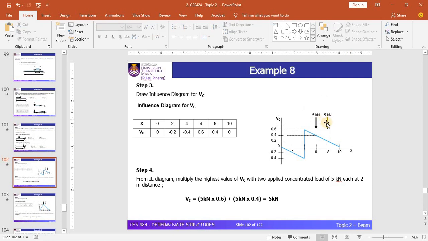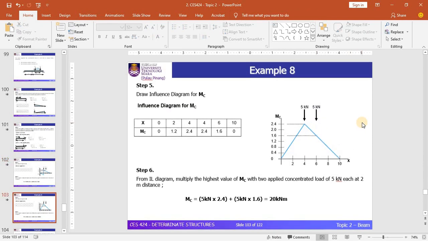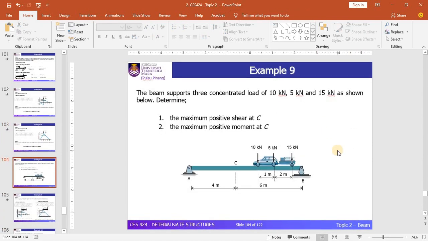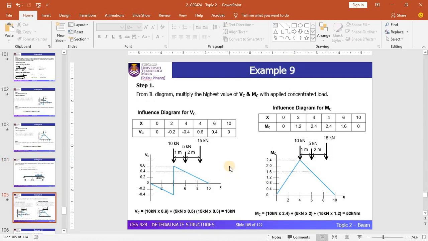Let's discuss another example, which is example 9. This time we have 3 wheels on a beam that are generated by this particular vehicle. In these problems we deal with the simplest beam, so the diagram will be the same, because to develop the ILD you need to apply 1 unit load.